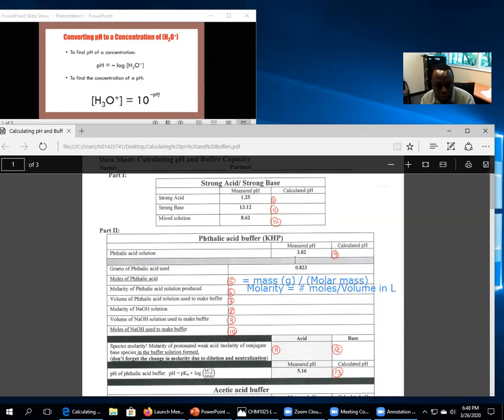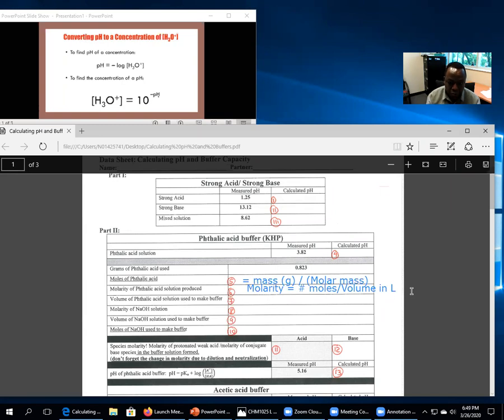So line 7, volume of acid solution used to make the buffer solution. The volume of phthalic acid solution is given, we did it before, that's what you need to put in there.